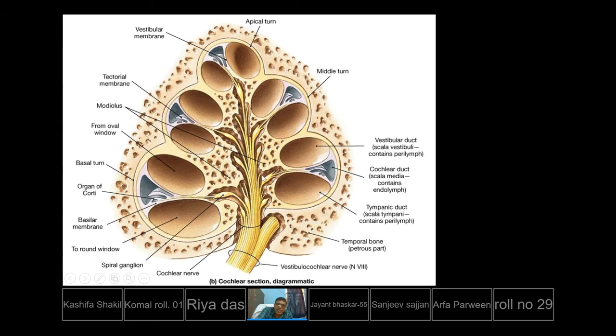You can see a spiral lamina like threads, a bony spiral lamina. This is a cavity-like structure where the nerve is present.